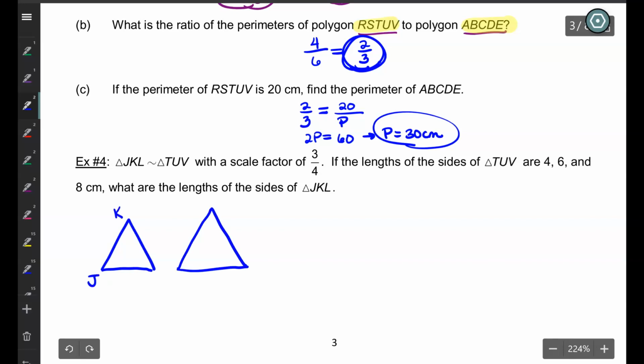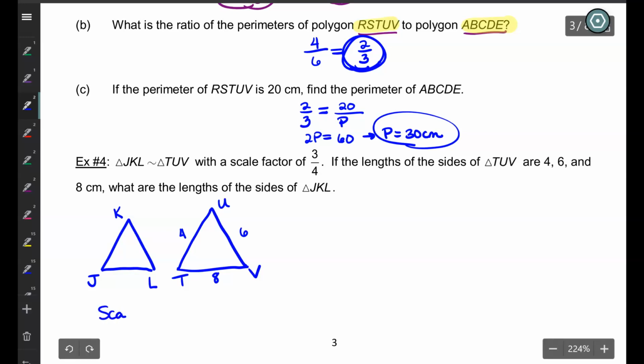If this is JKL, and that's similar to TUV, and we know the sides of TUV are 4, 6, and 8. Now I didn't specify which ones are which, and it doesn't really matter because ultimately we just need the lengths of the sides.